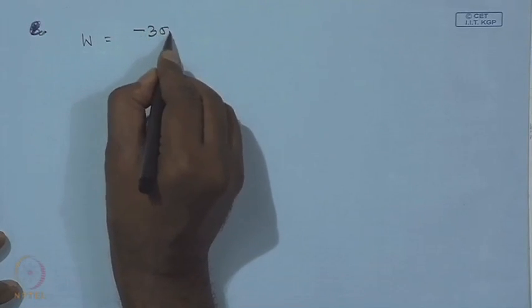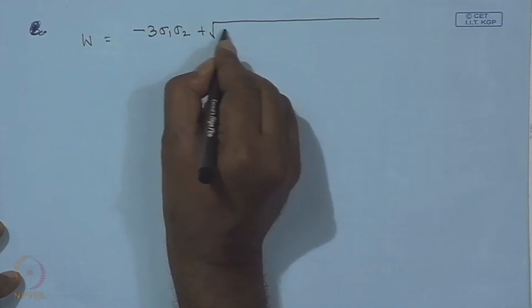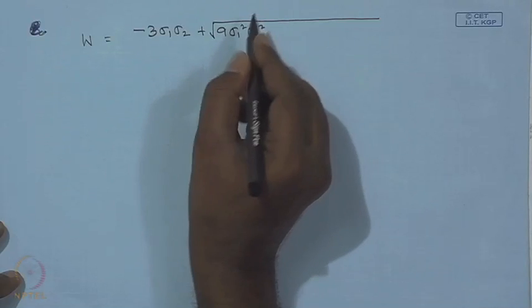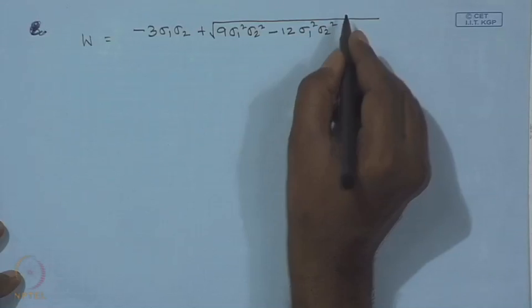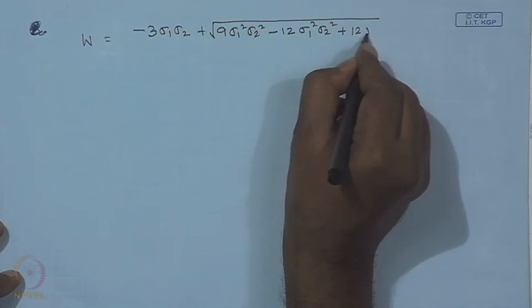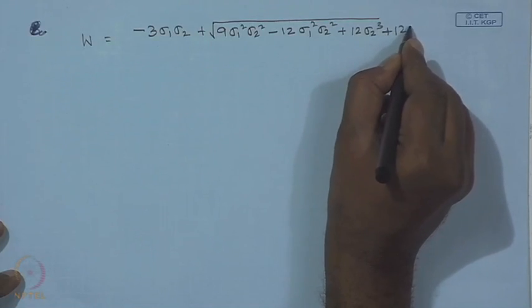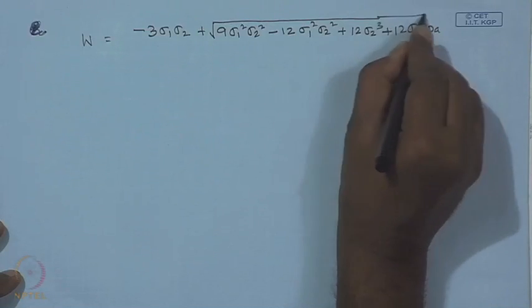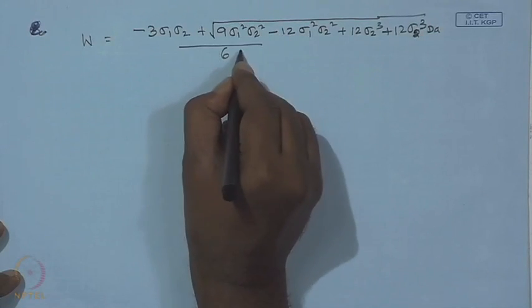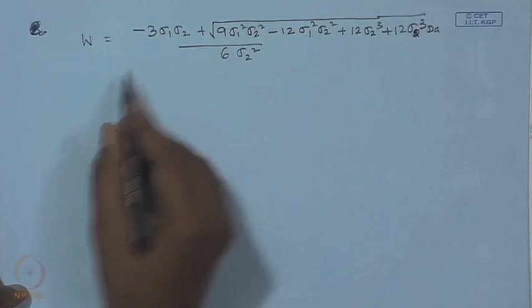So, you will be getting W is equal to minus 3 sigma 1 sigma 2 plus under root 9 sigma 1 square sigma 2 square minus 12 sigma 1 square sigma 2 square, minus minus plus, 12 sigma 2 cube dA, divided by 6 sigma 2 square. In fact, we can take sigma 2 square out of this and that will be cancelling out.